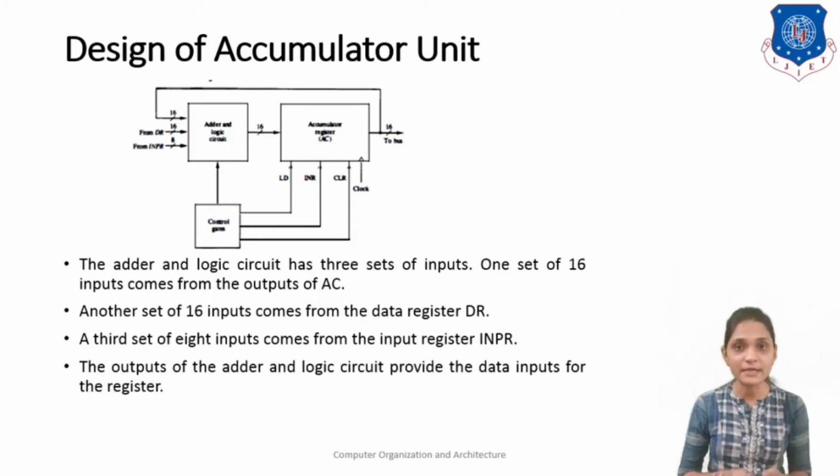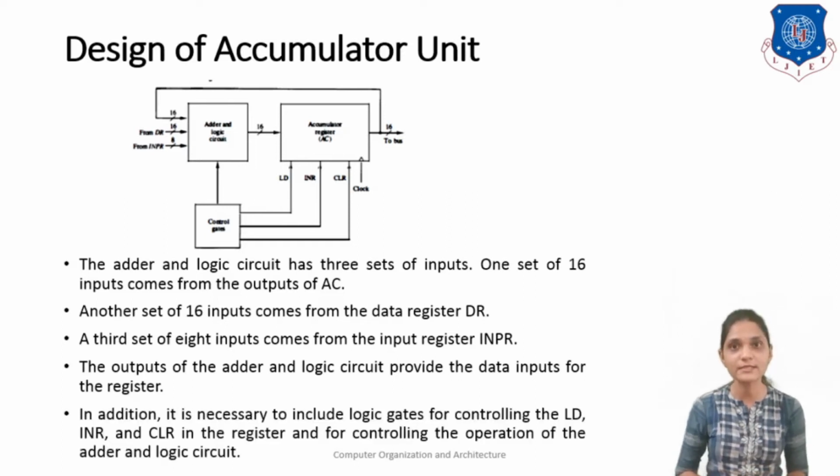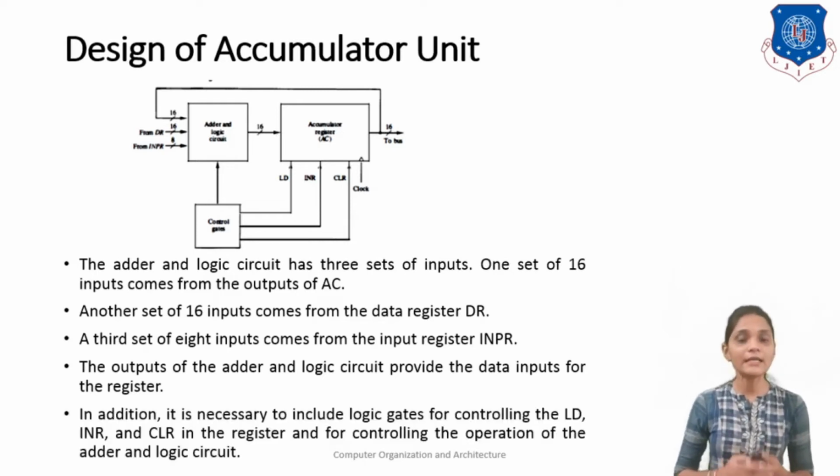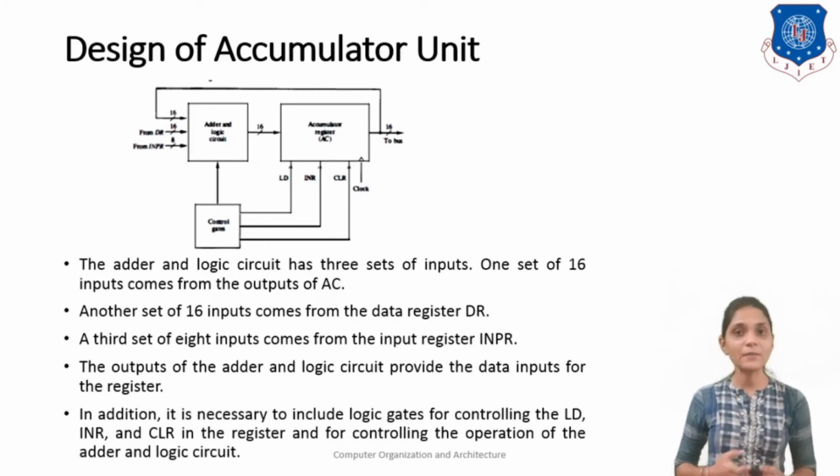Besides this, the output of the adder and logic circuit provides the data input for the accumulator register. In addition, it is necessary to include the logic gates for controlling the load, increment and clear in the register, and for controlling the operation of the adder and the logic circuit.